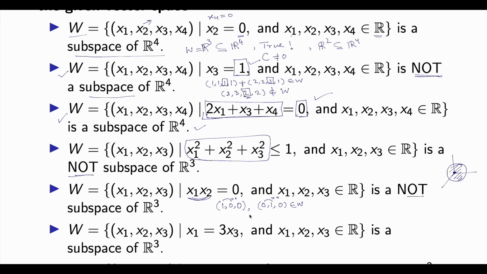But when we add these two vectors, what will happen? 1, 1, and 0. So this does not belong to W. Why? Because this product goes to 1, but they want the product equal to 0. So any product type equal to 0 is also not going to be true. Any linear combination equal to 0 is going to be true, as you can see in the previous example, right? So this is not a vector subspace.